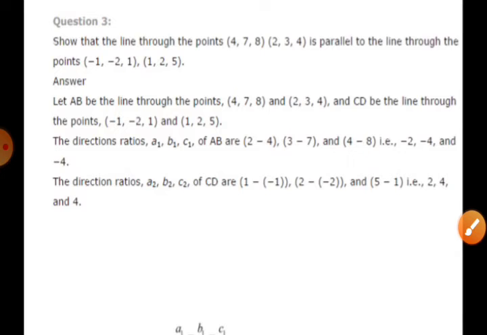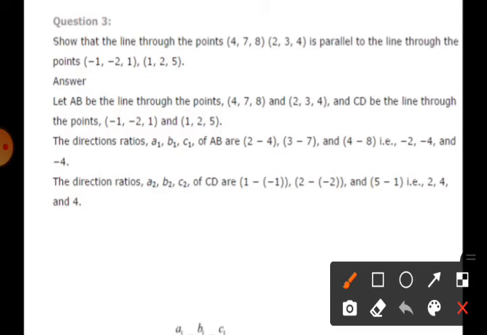Let AB be the line through the points (4, 7, 8) and (2, 3, 4), and CD be the line through the points (-1, -2, 1) and (1, 2, 5).